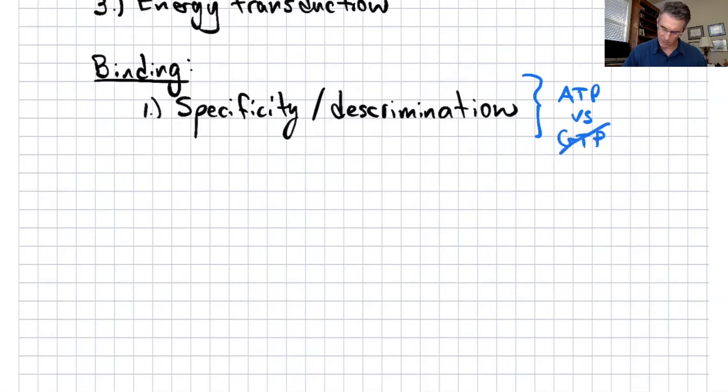It essentially won't use GTP, but it'll use ATP, depending on the isoform of the protein. So that ability to pick out, at an incredibly fine level, just a one or two or a few atoms difference in a molecule that's otherwise the same, and then recognize it with very high specificity is a key characteristic we want to think about and try to understand.